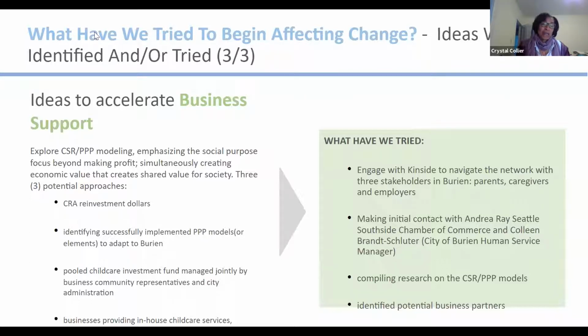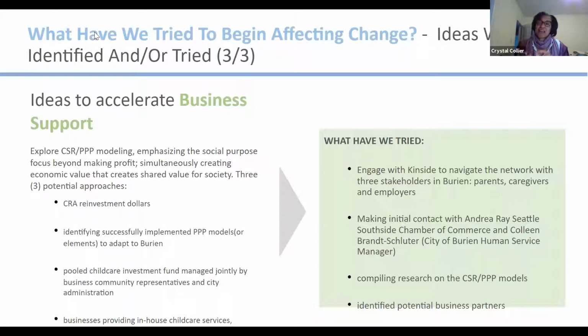So when we were thinking about ways to address or accelerate business support, there was a lot of research around corporate social responsibility and public-private partnership models that we could look at, and also thinking about the Corporate Reinvestment Act dollars. So it's thinking about what are some models that are out there that have been successful that could be adapted to Burien. How can you look to pool your childcare investment funds, and how can they be managed jointly between business community representatives and the city administration?